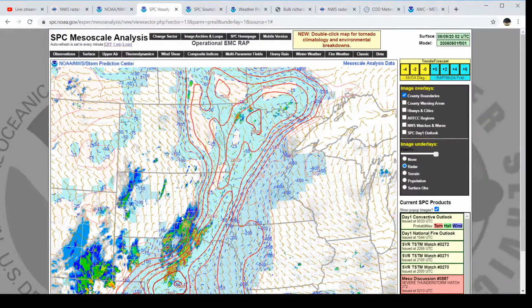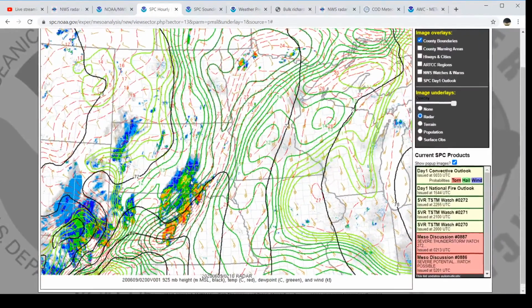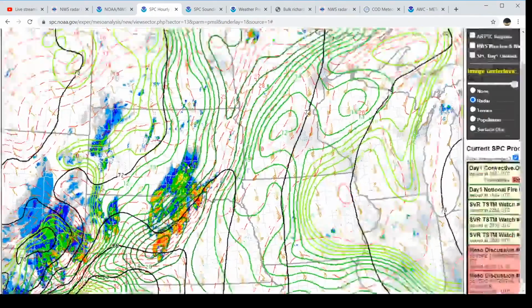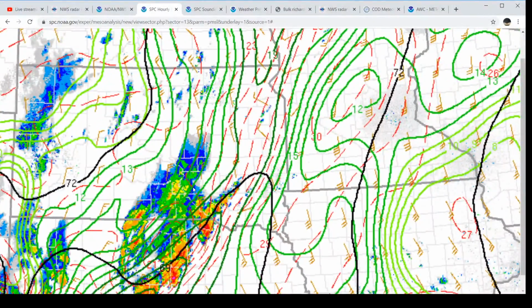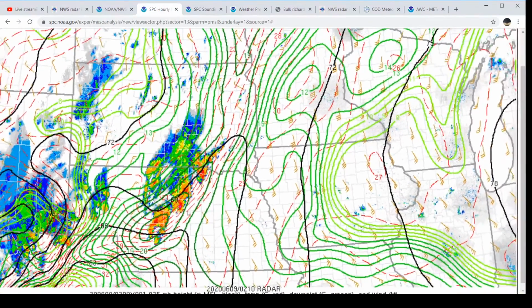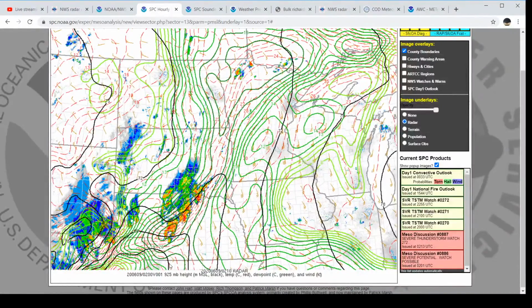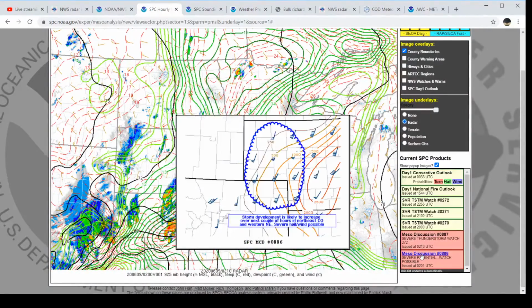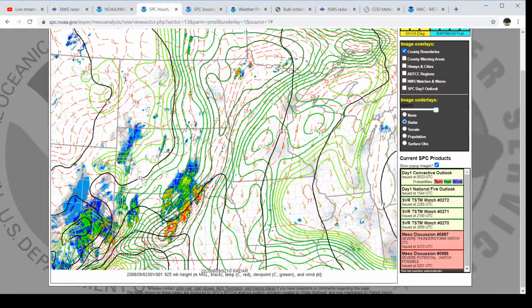Okay, so you can see these winds coming from the south right here. You got these winds coming this way. Now the stationary front's like right in here. You can actually see that right here. See how these heights spike like that? Usually when they spike like that, it indicates some sort of low or front. So definitely right in here.